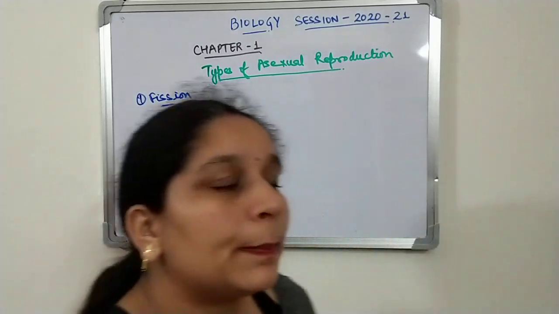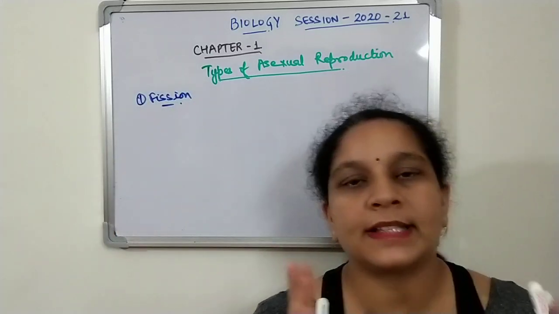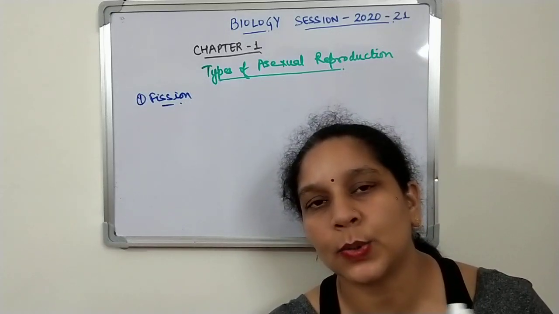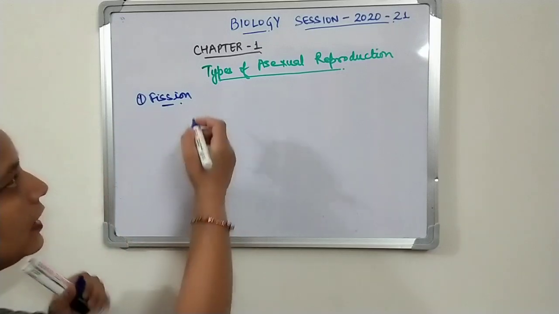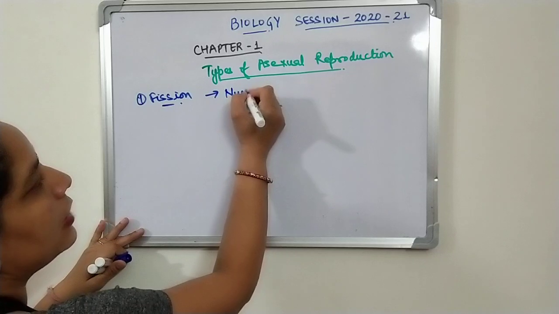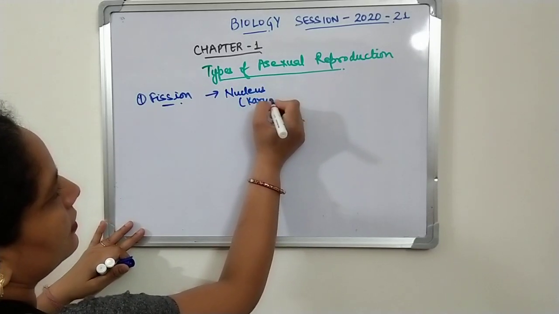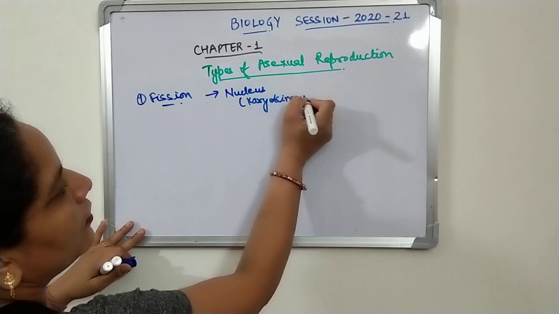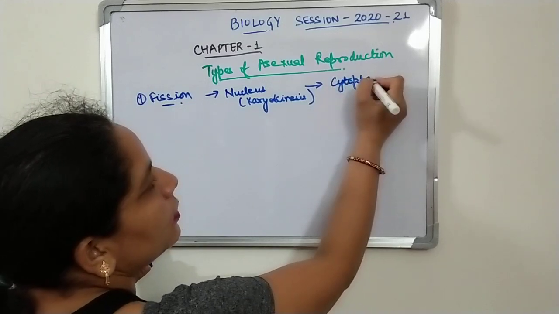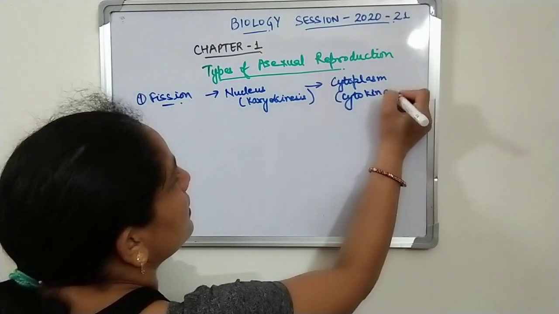Now depending upon the cell division, we all know that cell division comprises two basic steps. First is karyokinesis and second is cytokinesis. In a similar way, fission also involves, first, nucleus division, which is known as karyokinesis, followed by cytoplasm division, which is known as cytokinesis.